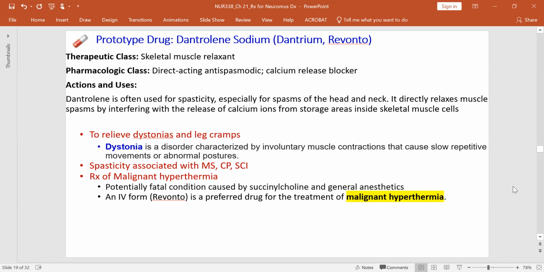This is an adverse effect, or complication, from the use of either succinylcholine, Anectine, a muscle relaxant, or the general anesthetics during surgery. So it's a potentially fatal condition, and again, it's caused either by succinylcholine or by the general anesthetics.